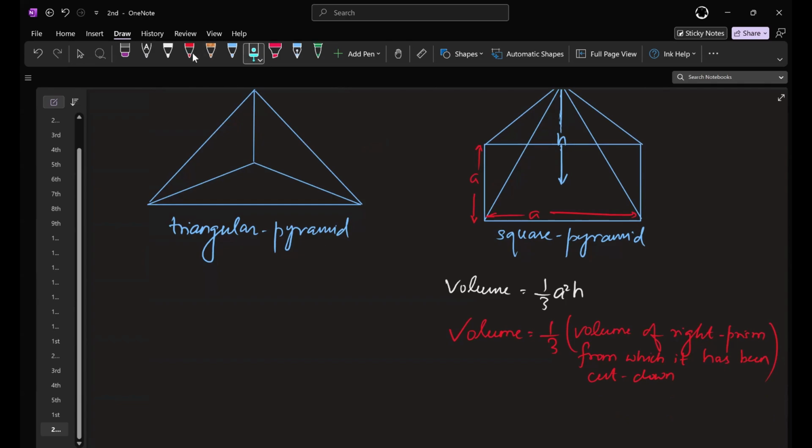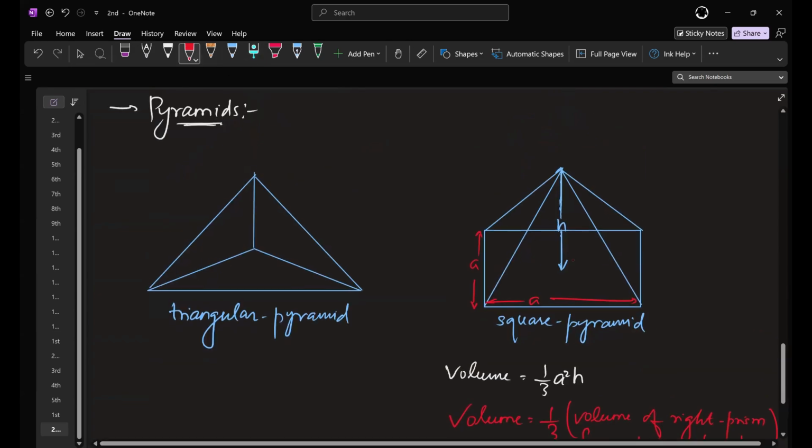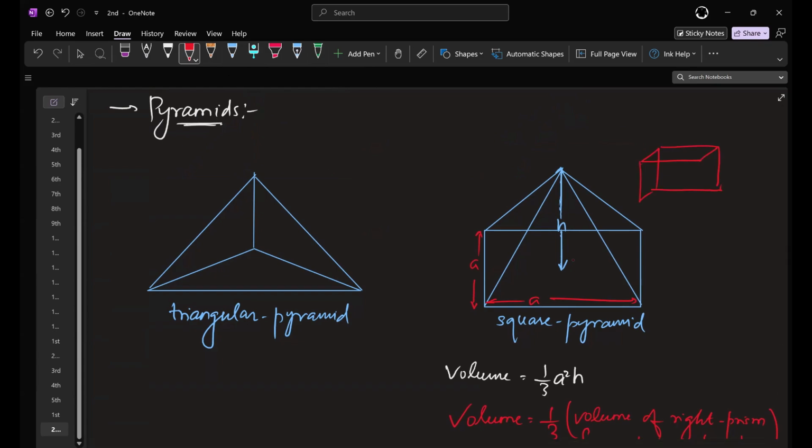So the volume is equal to 1/3 of the volume of the right prism from which this has been cut down. Say there is a right prism. What is a right prism for a square base? It is a cube, and from this cube, this part has been cut down, which we have drawn here.